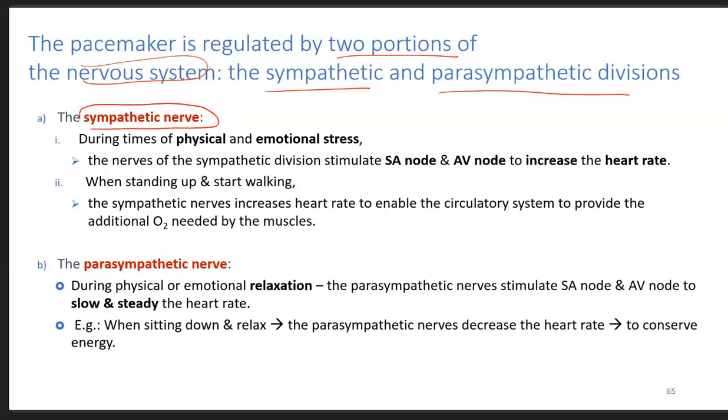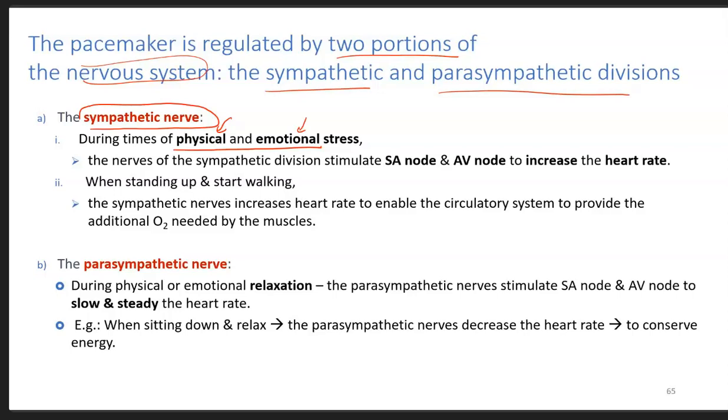So for the sympathetic nervous system division, this involves your body pumping more blood. So your heartbeat will pump faster. Okay, so for example, during physical and emotional stress, sympathetic nerves.